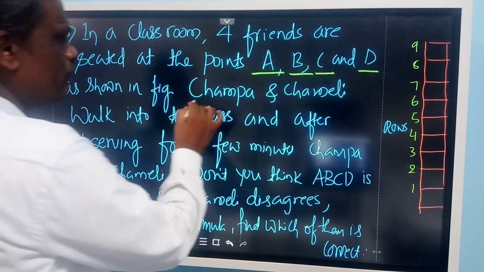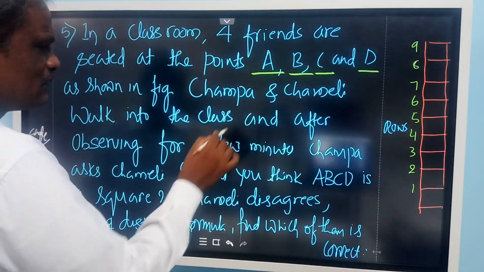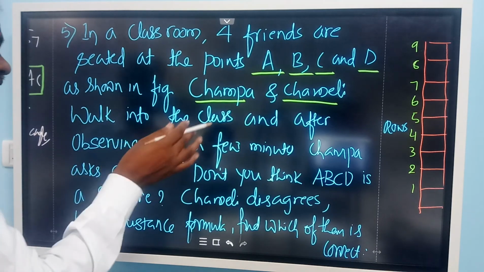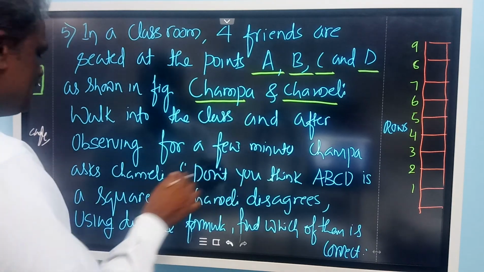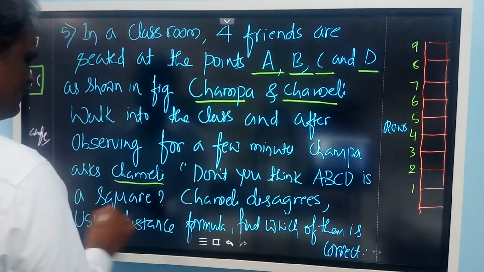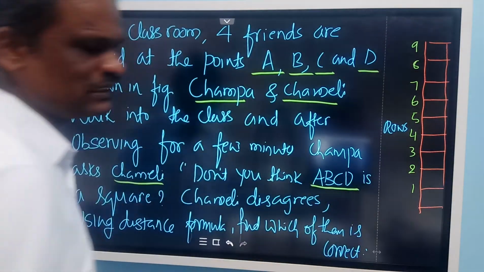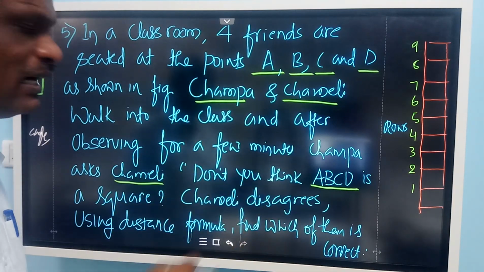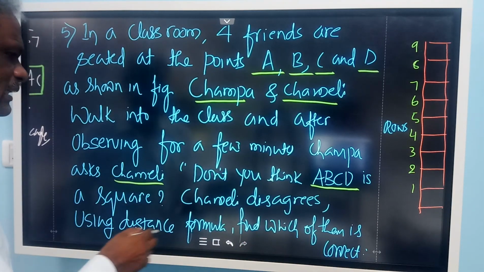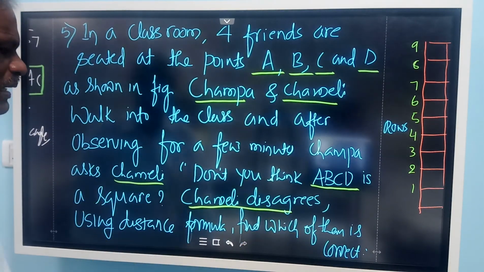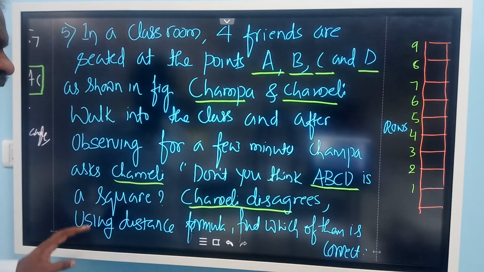As shown in the figure, Champa and Chameli, 2 girls, walk into the class and after observing for a few minutes, Champa asks Chameli, don't you think ABCD is a square? That means the positions where the students are sitting form a square or not? That is the question. Then Chameli disagrees, she will not accept. Then using the distance formula, find who is correct.